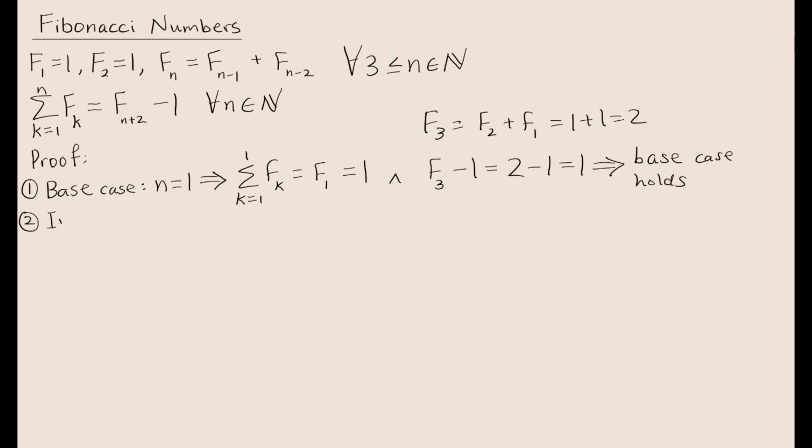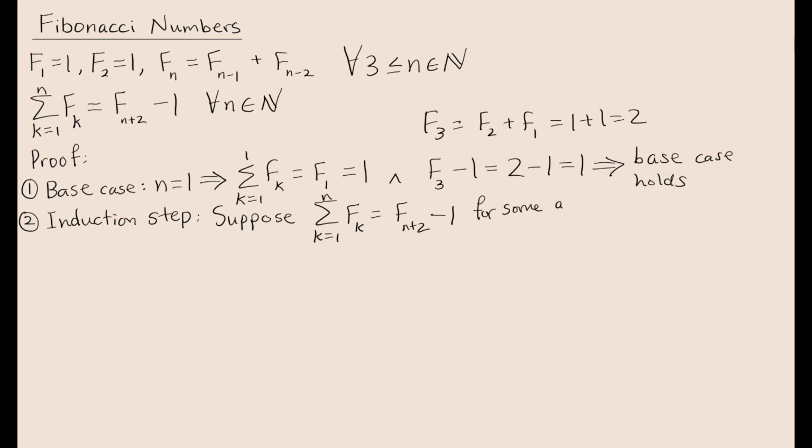Now, for the induction step, suppose that the sum from k = 1 to n of f_k is equal to f_{n+2} minus 1 for some arbitrary natural number n.